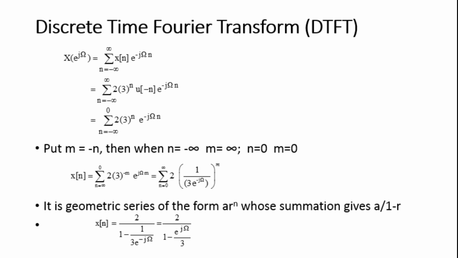It is a geometric series of the form a·r^n whose summation gives a divided by 1 minus r. That is, it becomes 2 divided by 1 minus 1/3 e^{jΩ}, where 1/3 e^{jΩ} represents r. After rearranging, we get 2 divided by 1 minus e^{jΩ}/3.